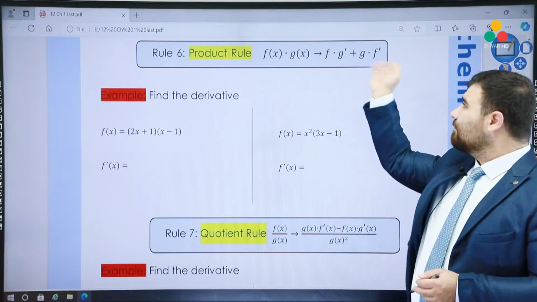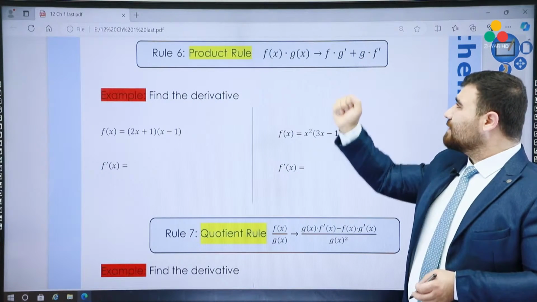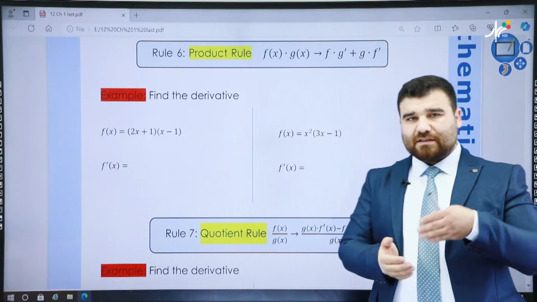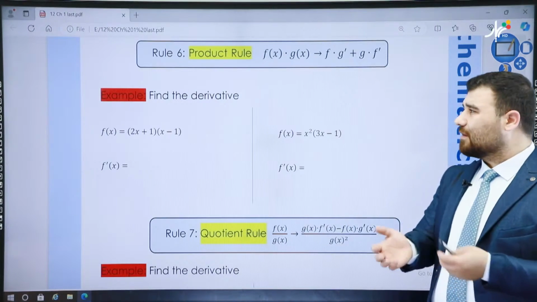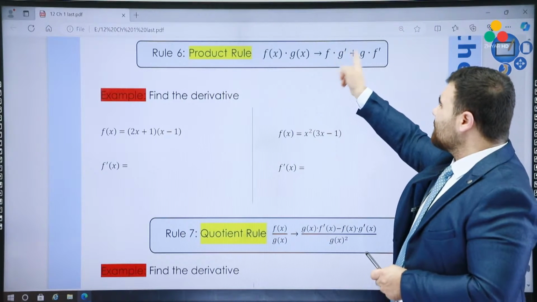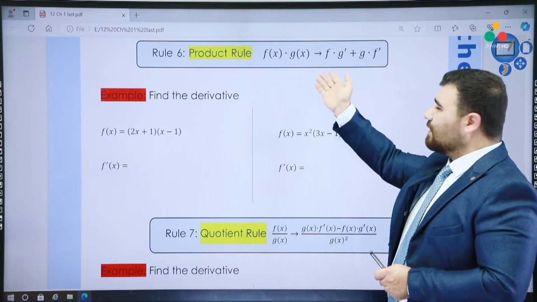If we switch them, it's fine because it's times and plus. It's fine if someone says derivative of second times the first function, or first derivative of first times second. It doesn't make a lot of difference. Here, the rule, first times derivative of second plus second times derivative of first, it works.